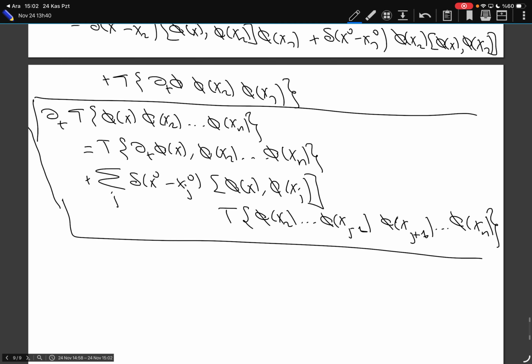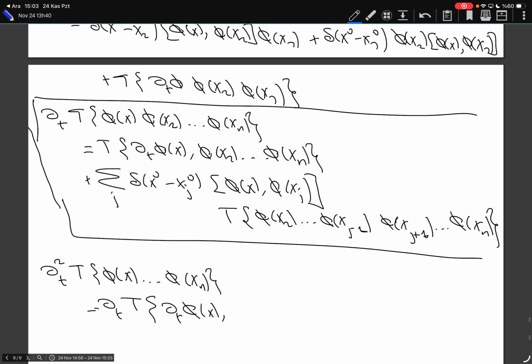Let me do the second derivative. Well, this is the derivative of the first derivative. The first derivative is just this thing, because equal time commutators of two fields is just 0.